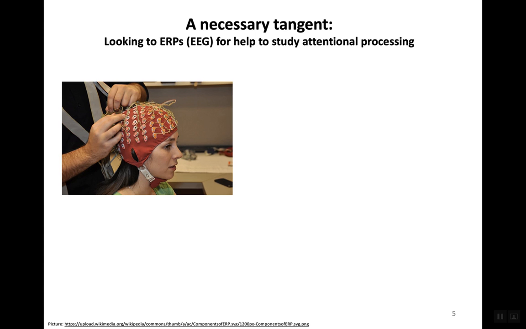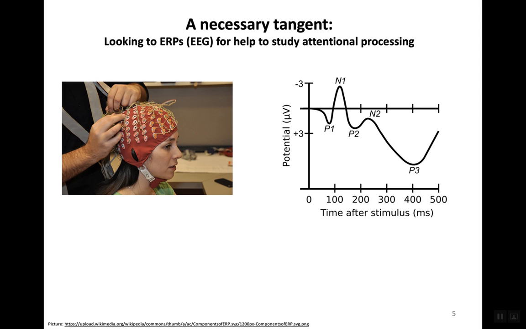However, due to its temporal resolution, this is particularly well suited to look into the timing of attention-based effects. So does attention act relatively soon or relatively late during, let's say, visual processing? So what do we expect to see when we collect EEG data?